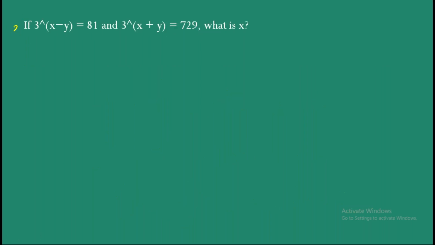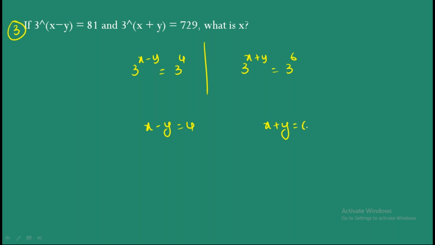So this next question, again apply the same rule, pause the video, try from your end, then check the solution here. 3 power x minus y is 81, which means 3 power 4 you can write. 3 power x plus y is 729, which you can write as 3 power 6. So from this, x minus y is 4 and x plus y is 6.